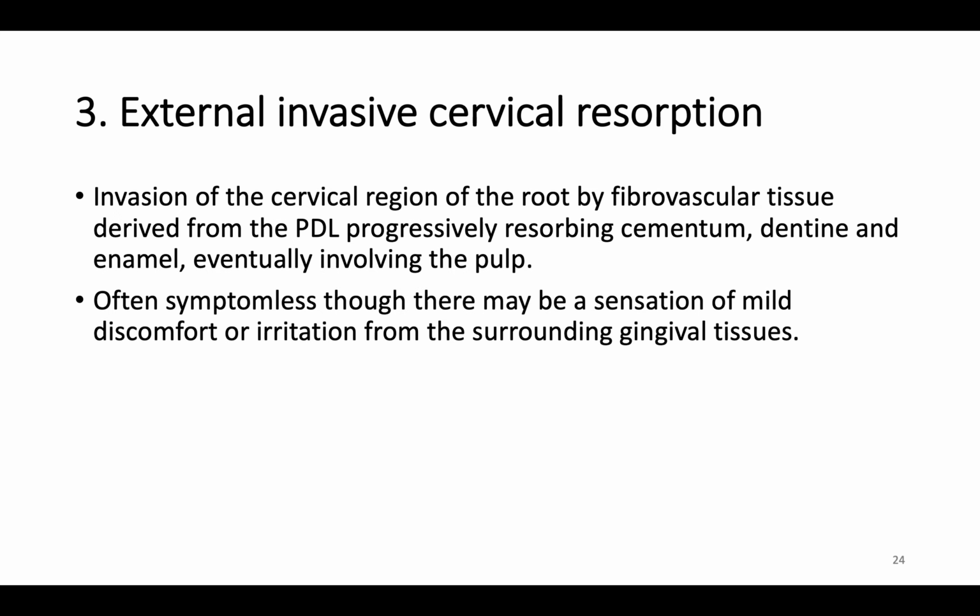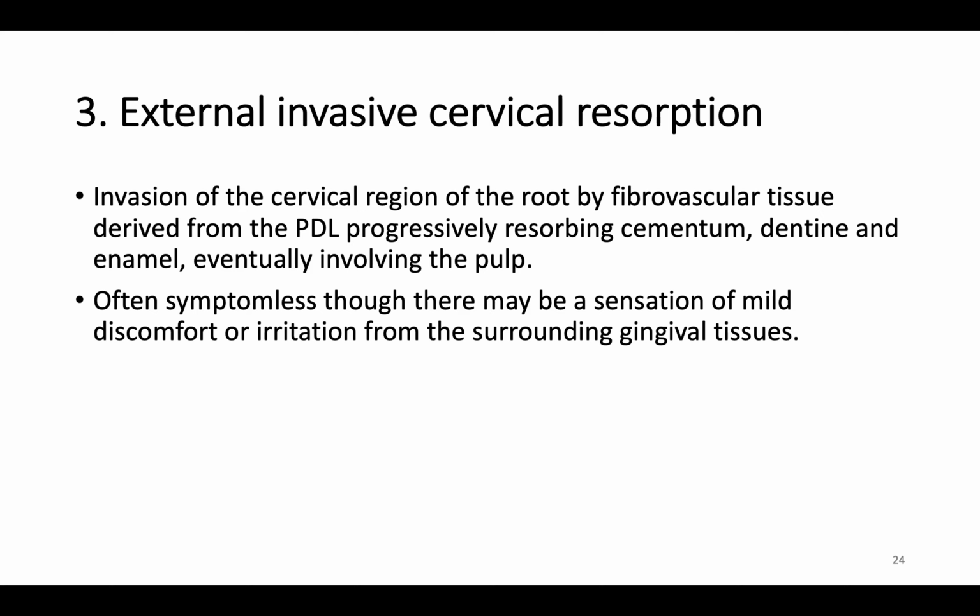Now, the third type of external root resorption is external invasive cervical root resorption. This type of root resorption represents an invasion in the cervical area by a fibrovascular tissue derived from the periodontal ligament.